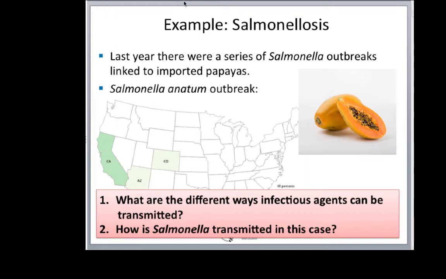All right, there was a third mode of transmission that they didn't talk about in your book, but we did talk about in this class. Does anyone remember? Vector transmission, yeah. Right, and what is vector transmission?